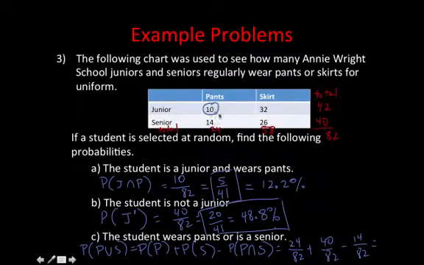So we only want to count these seniors that wear pants once, so we have to subtract one of those. So we're just going to do 24 plus 40 minus 14, and we get 50. So 50 out of 82, which simplifies to 25 over 41. And that's the probability that a student wears pants or is a senior.